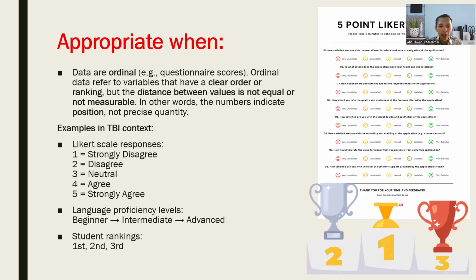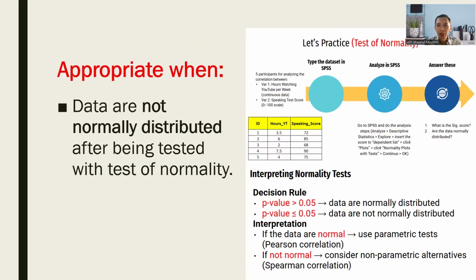The range between beginner and intermediate may not be as large as the range between intermediate and advanced, so the values between them are not really similar. Or even student rankings, for example first, second, and third. So when the data are ordinal, you have to use Spearman analysis.